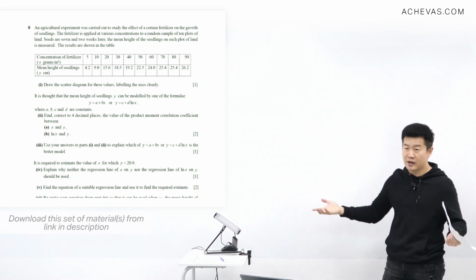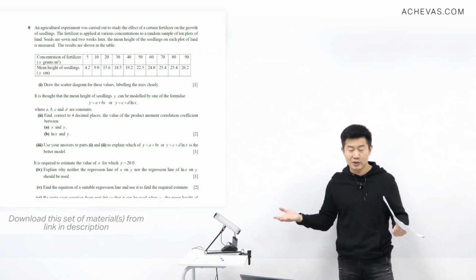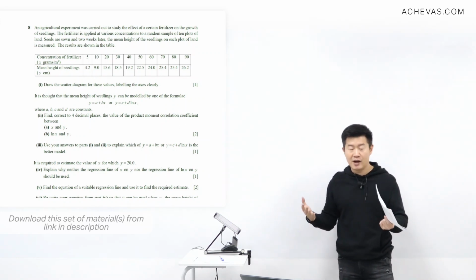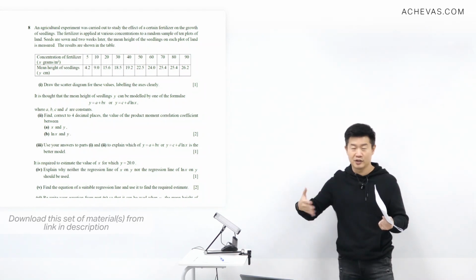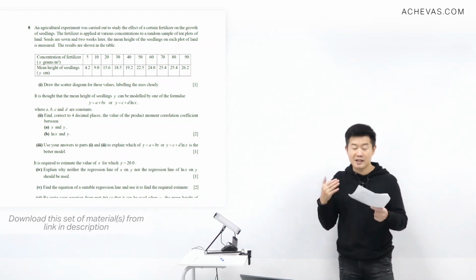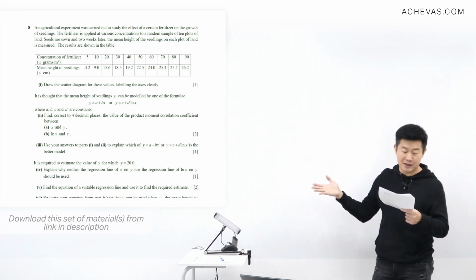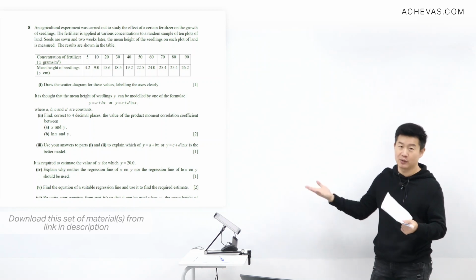Something that we have always been talking about in our tuition class is that when you are looking at a question, regardless of how the question continues, from the very beginning, if it is possible for you to identify a very obvious independent data and a dependent data, you should take note of that.